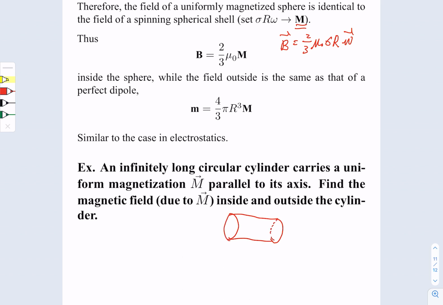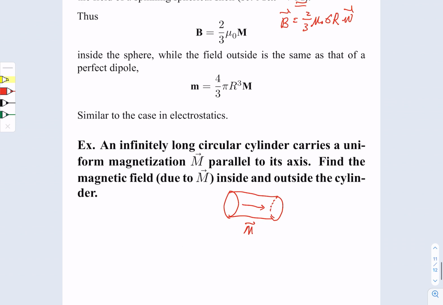This might give you more 3D intuition. Assuming that the magnetization vector is parallel to the axis of the cylinder, we try to get the magnetic field both inside and outside the cylinder. So we do the exact same thing.